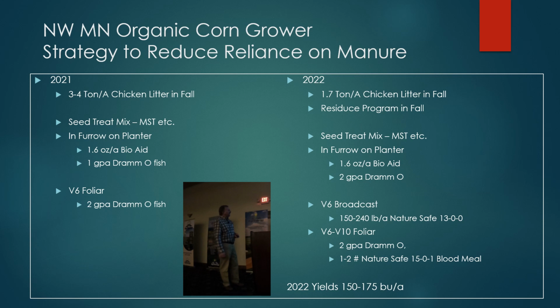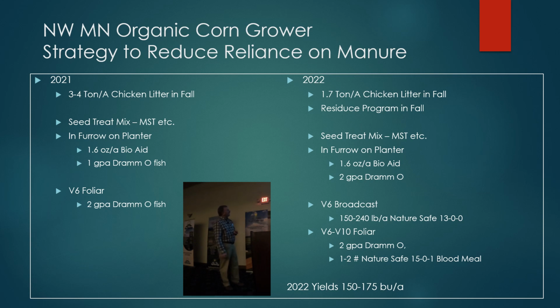And he found in doing so, he cut his manure input by half, but yet maintained yields that he typically gets in that 150, 175 bushel organic corn range, which in that part of the world in Grand Forks is doing pretty darn good.